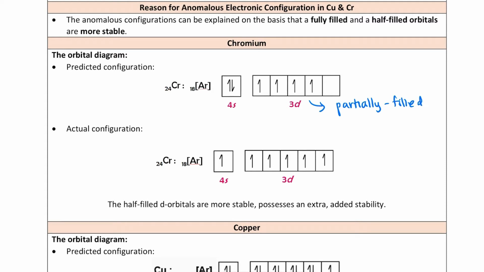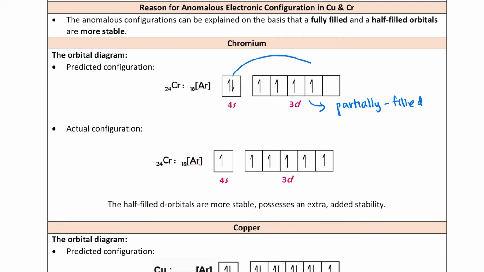Okay, so partially filled, that means it is not half filled, not fully filled. Okay, dia bukan separuh, dia bukan penuh, so dia partially filled kita panggil. Okay, so this 3d orbital is partially filled. Okay, tapi actual configuration dia adalah 4s1 3d5.